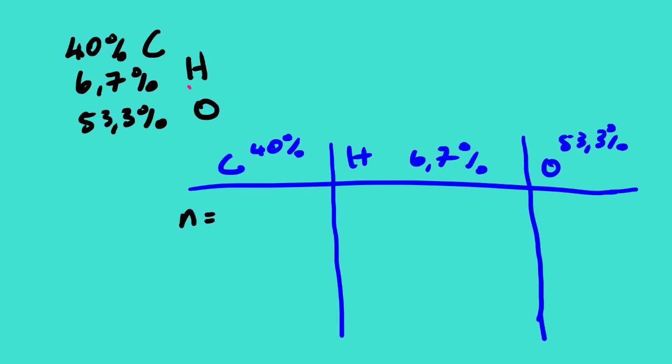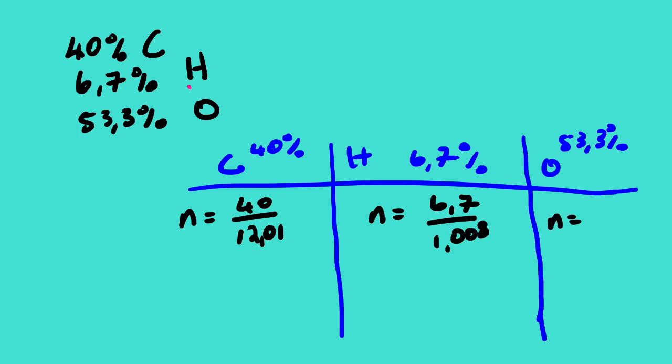n is equal to, we know the equation is m over M, so let us just go ahead and substitute. Carbon is 40 over 12.01, then we have hydrogen 6.7 over 1.008, and then oxygen 53.3 divided by 16.00.